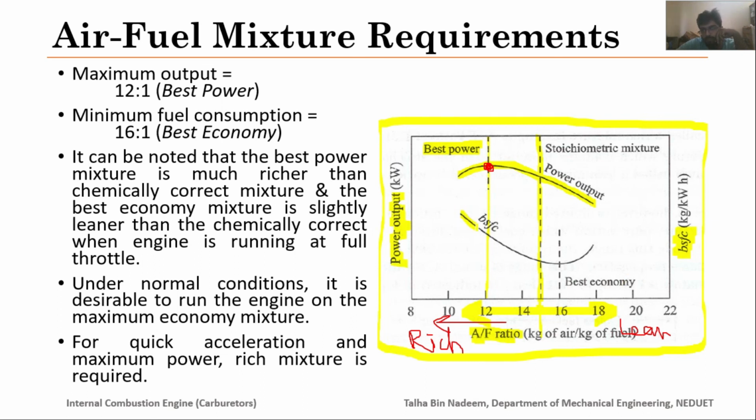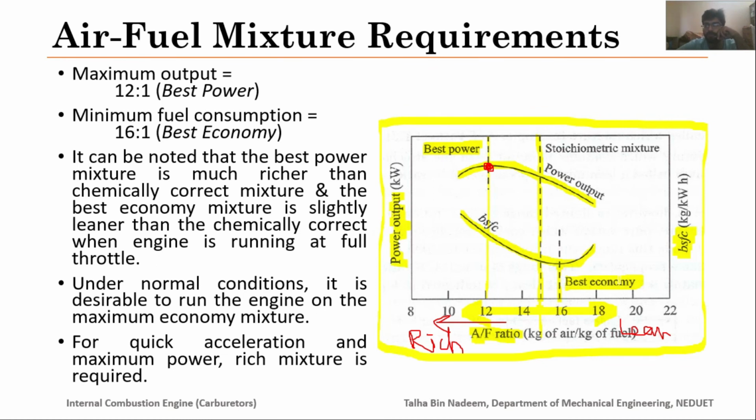Here you can simply see as well that at this point, when the air-fuel ratio is around 16, we have the smallest brake specific fuel consumption, means a small amount of fuel is being consumed to operate your IC engine, and a small amount of fuel consumption means that you are operating your engine at the best economy.